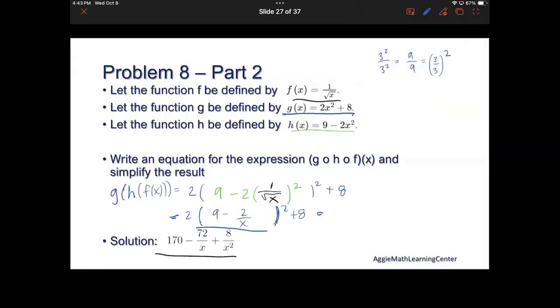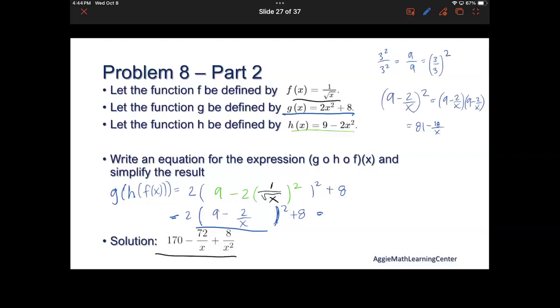So I'm going to do that in a little mini problem up here. So 9 minus 2 over x squared is equal to 9 minus 2x times 9 minus 2x. Okay, so 9 times 9 is 81. 9 times negative 2 over x is negative 18 over x.